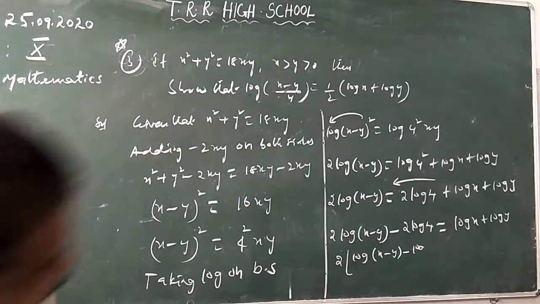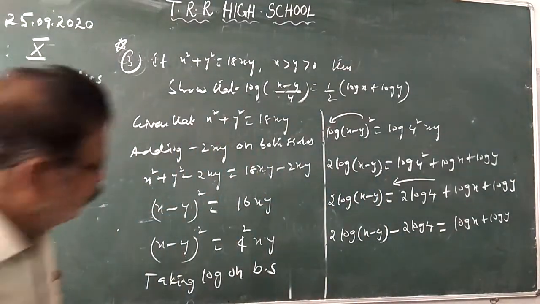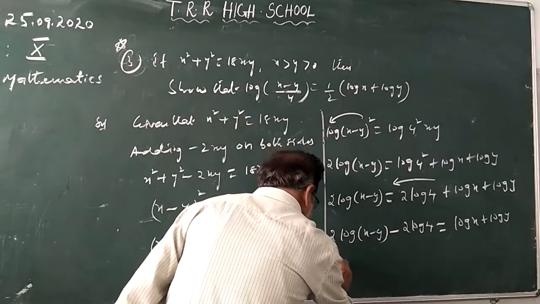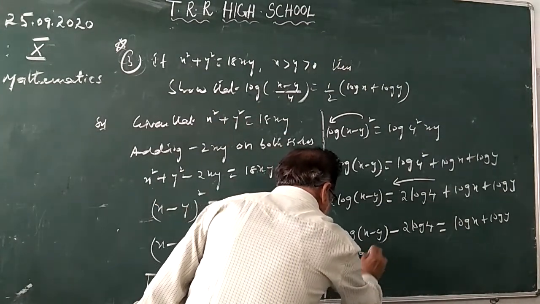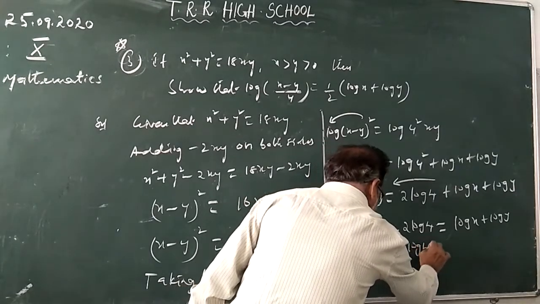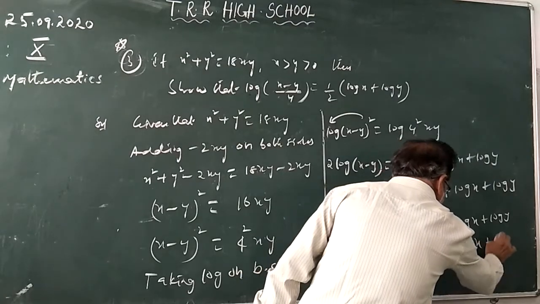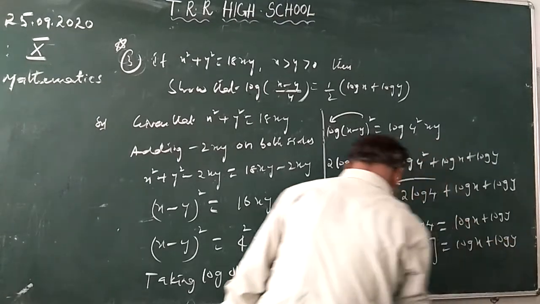2 common: log of (x minus y) minus log 4 equals log x plus log y.